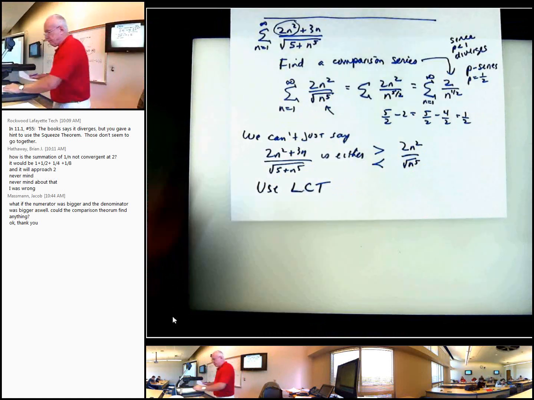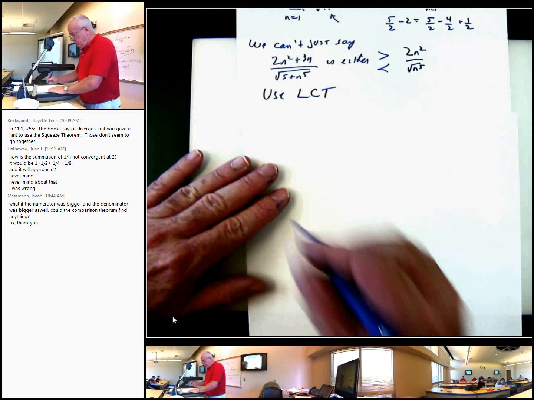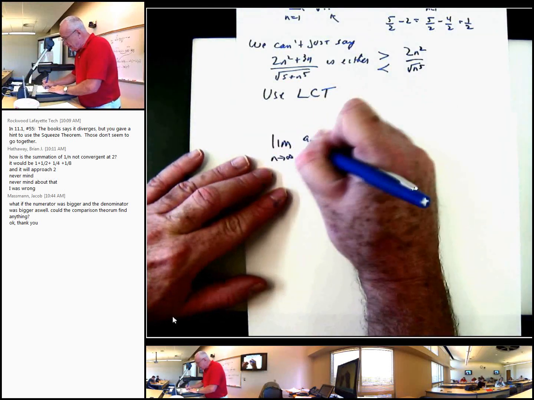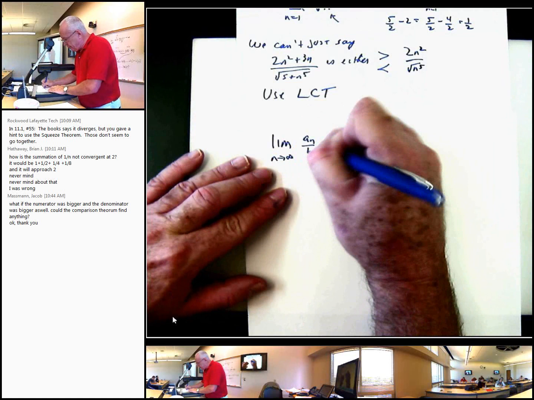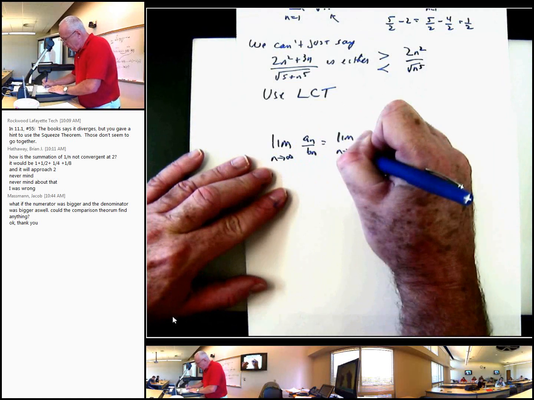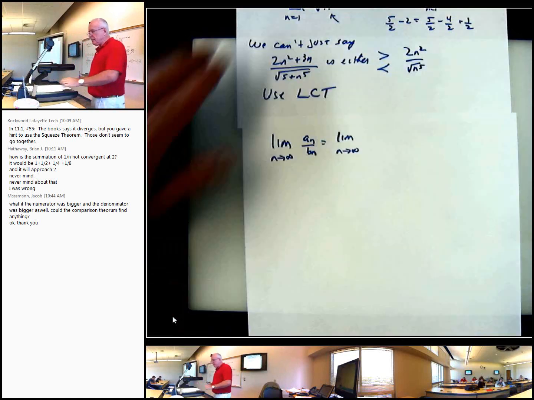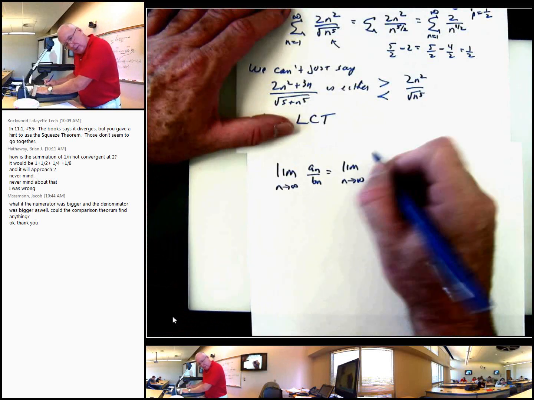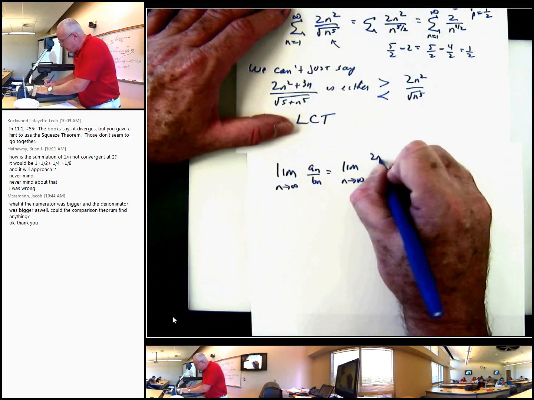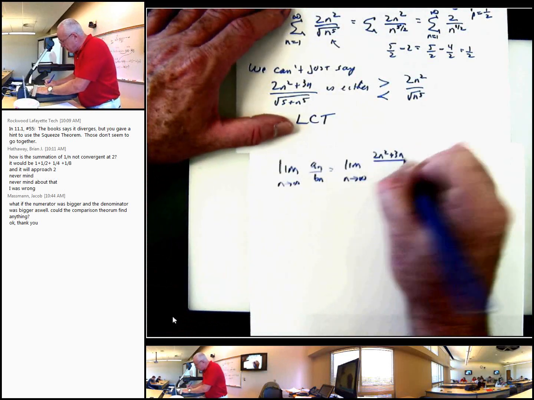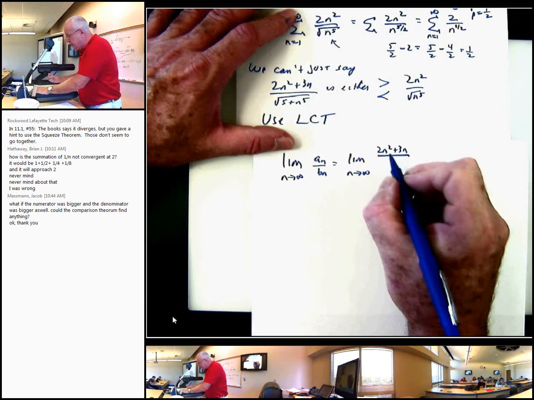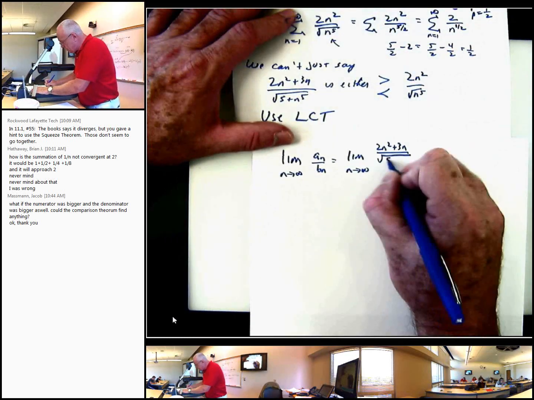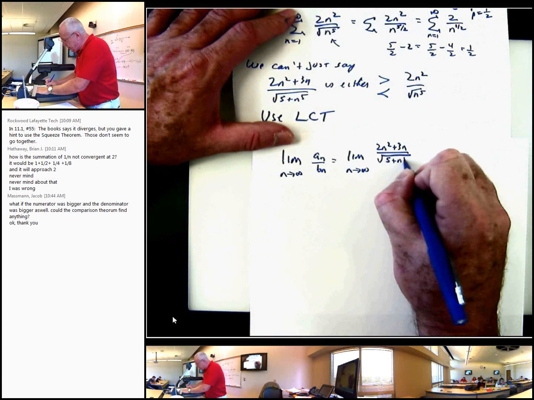I need to look at the limit as n goes to infinity of a sub n over b sub n. Our a sub n is from our original series, so it's 2n squared plus 3n divided by the square root of 5 plus n to the 5th.